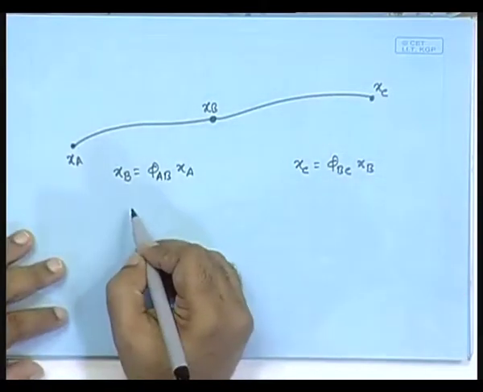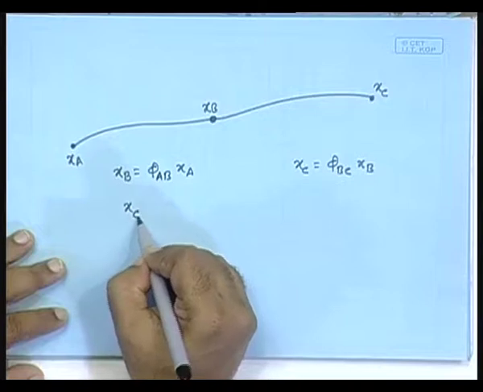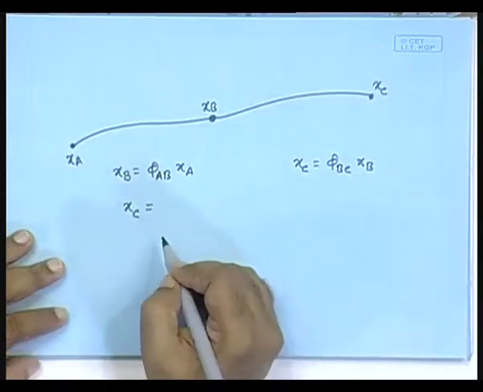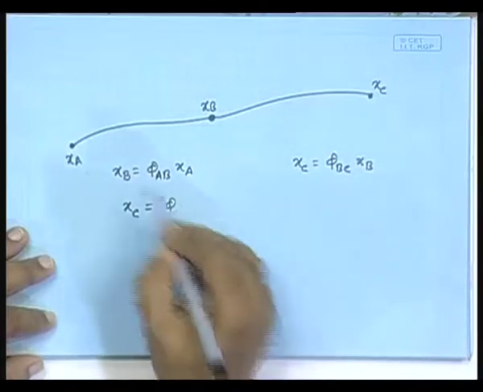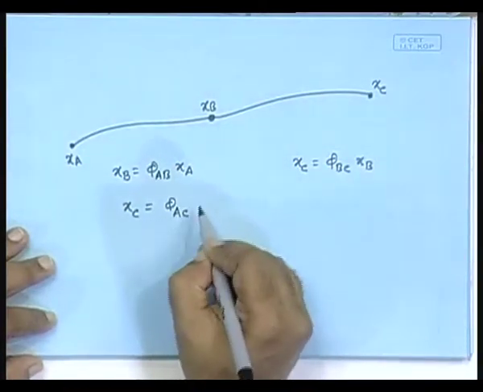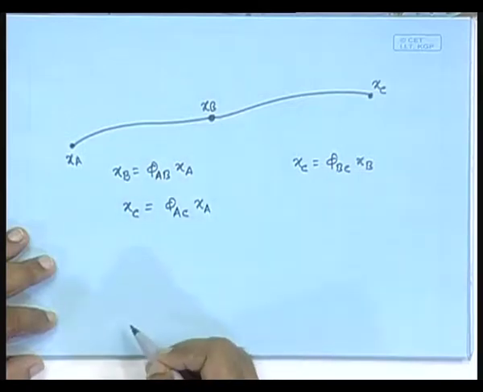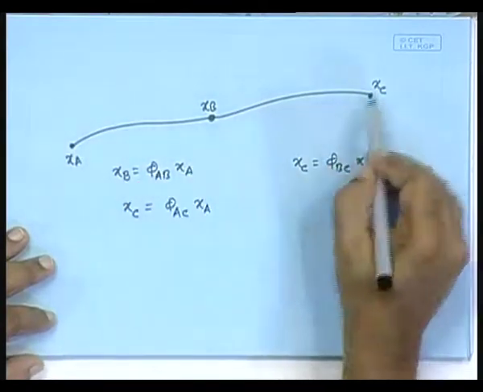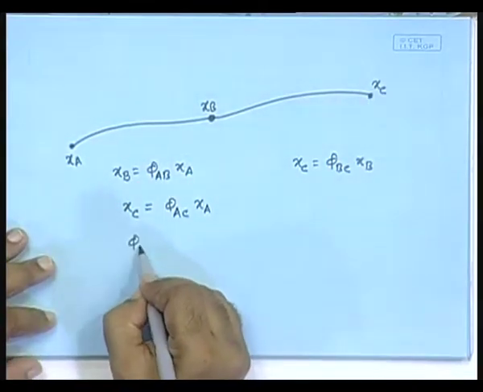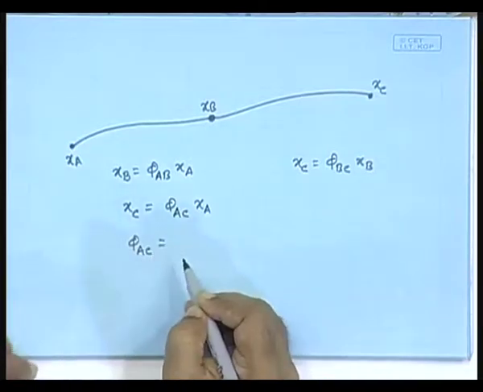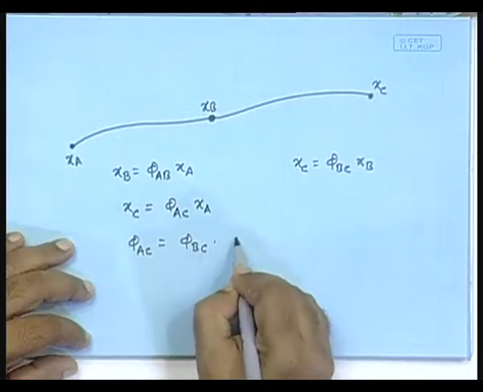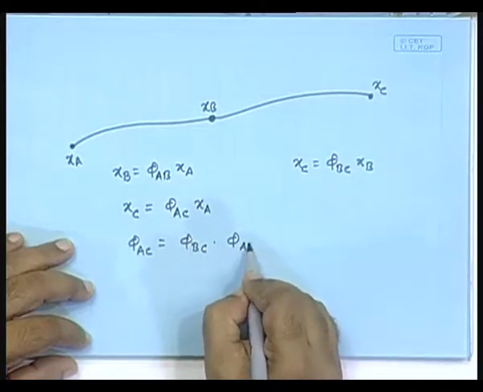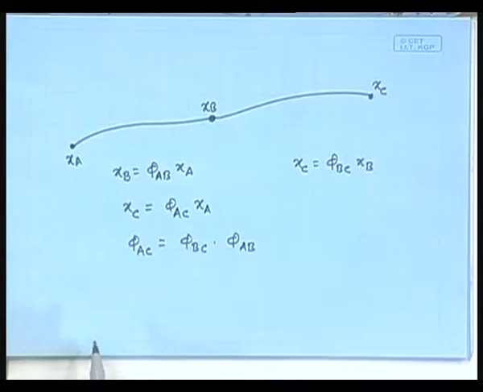Then you can write x c is equal to phi a c x a, from here to here, and then your phi a c will be nothing but phi b c times phi a b. So, it is a simple affair.